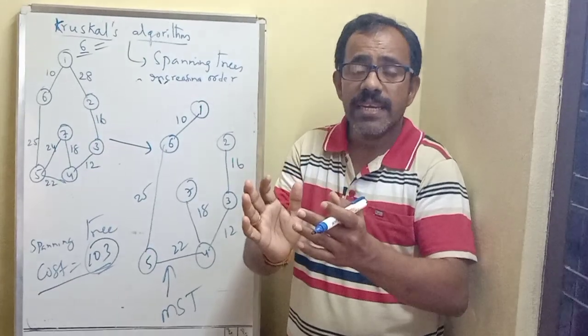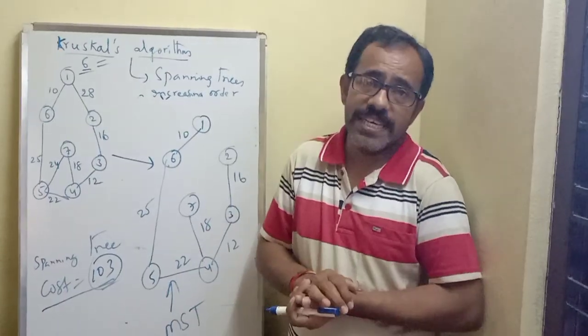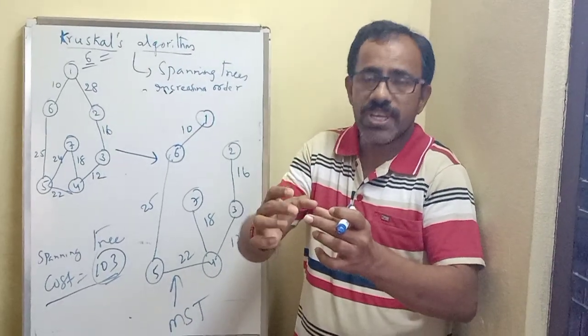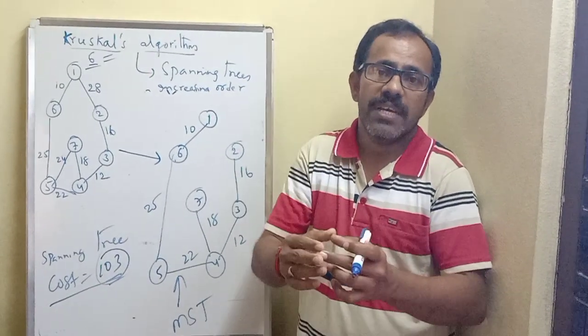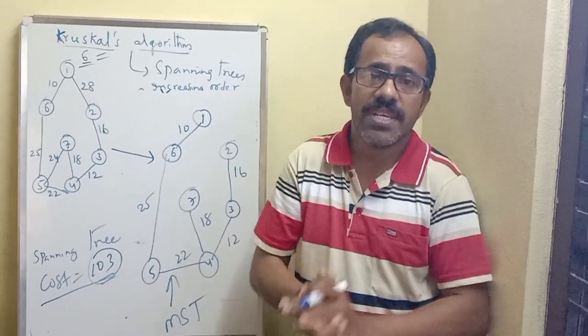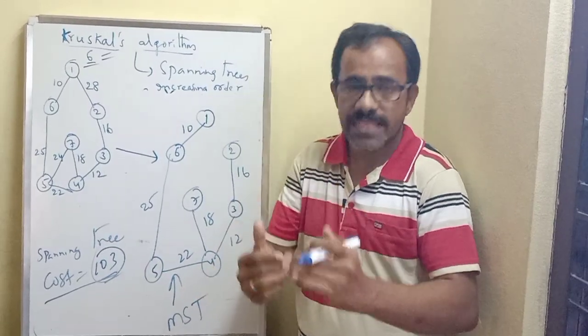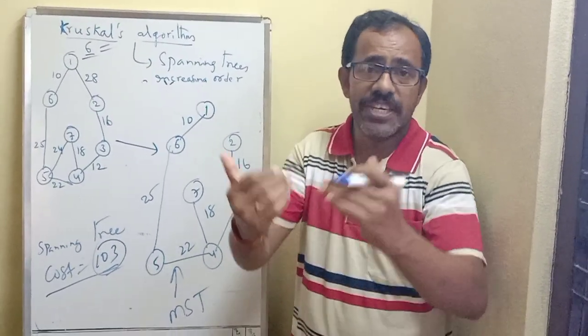But the cycle forming related condition we checked in sets. If both the nodes of that particular edge are there in same set, then simply we discard that particular edge, because the inclusion of that edge may form cycle. If both are there in two different sets, then we say that we can successfully include that particular edge into spanning tree.